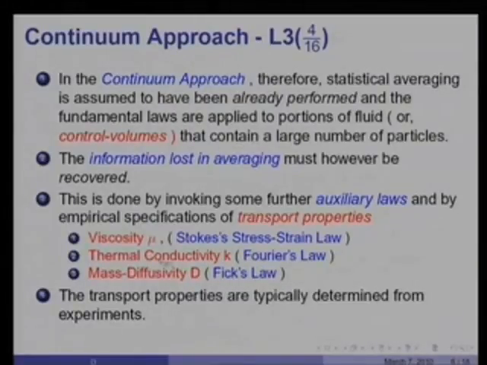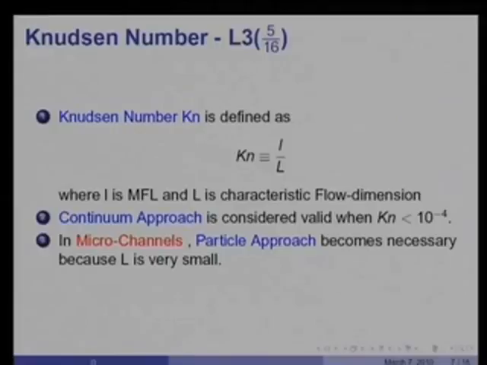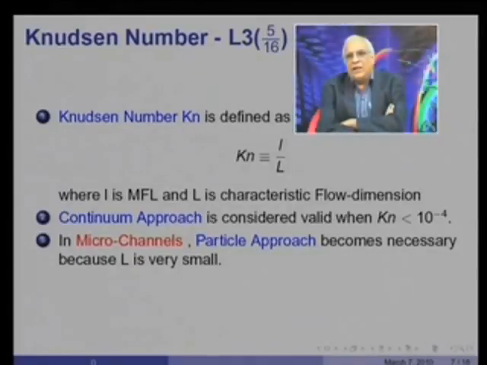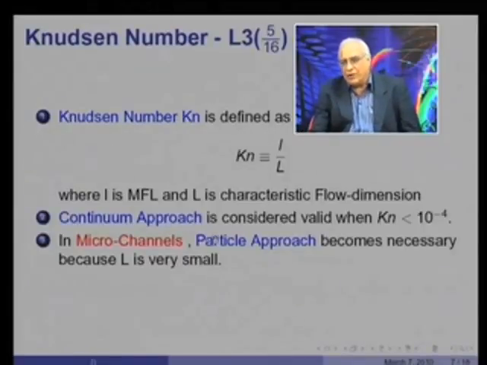The transport properties mu, K and diffusivity are typically determined from experiments, although theories such as the kinetic theory of gases are available to determine their magnitudes. As we move towards applications involving very small dimensions, called microscale heat transfer or nanoscale heat transfer, a quantity called the Knudsen number is a very important one.